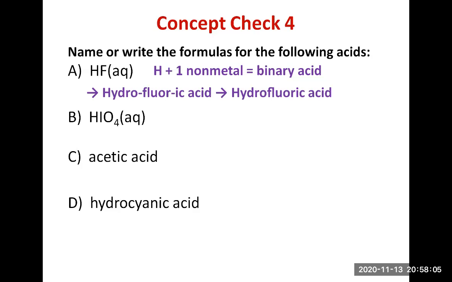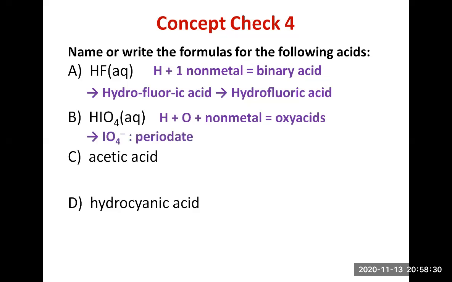HIO4, aqueous. Here we see oxygen and hydrogen and another nonmetal, so that's an oxyacid, and we need to find the formula of the polyatomic ion. If we remove the H, we have IO4, and that's a polyatomic ion named periodate, IO4 -1.